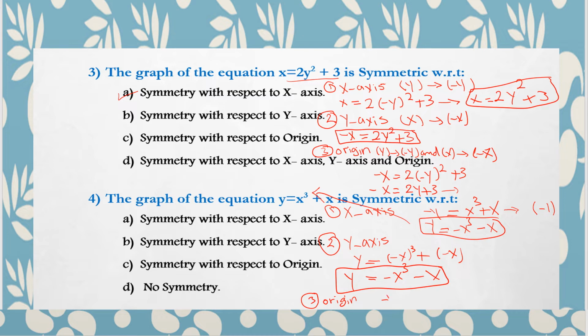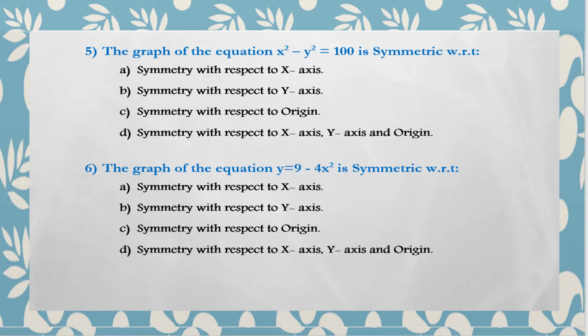So negative y equals negative x power 3 minus x, and by multiplying both sides by negative 1, we get y equals x power 3 plus x, which equals the original equation. So this function is symmetric with respect to the origin, and the correct answer is C.